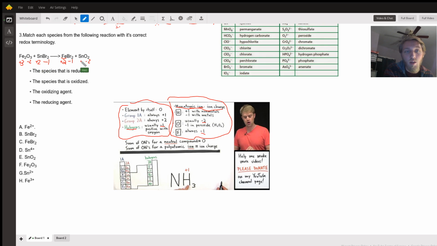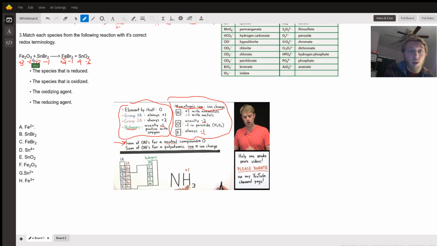And then over here, this tin has to be +4 to cancel out the 2 -2 charges from the oxide. That's -4 overall, so this is +4 overall. And that's, by the way, following this rule, the sum of oxidation numbers for a neutral compound has to equal 0. Since these are all neutral ionic compounds, they all have to add up to 0.